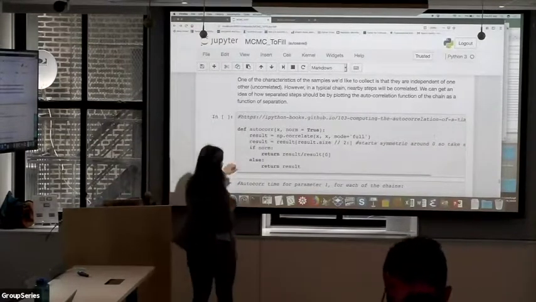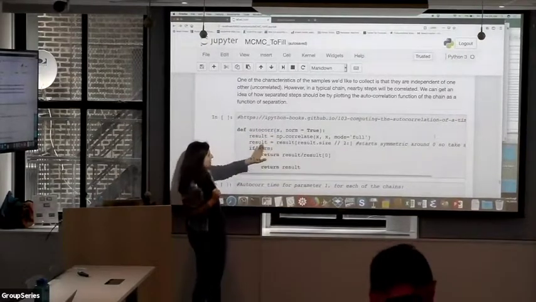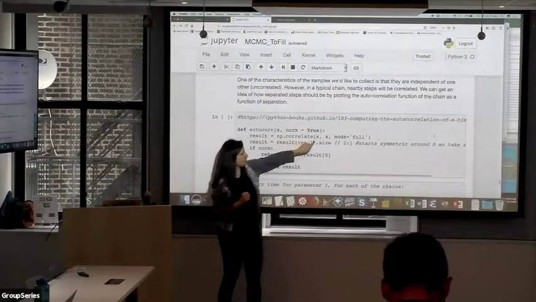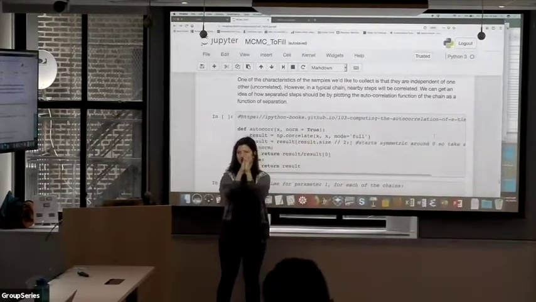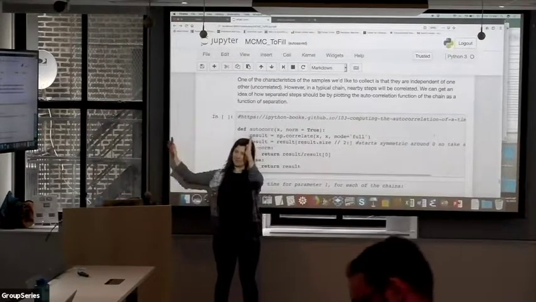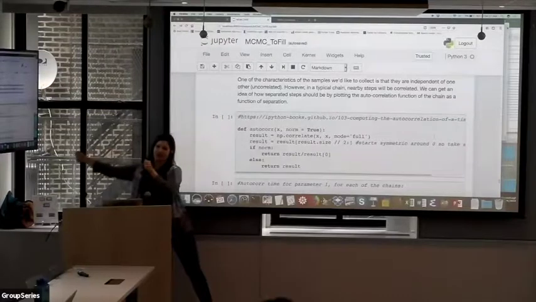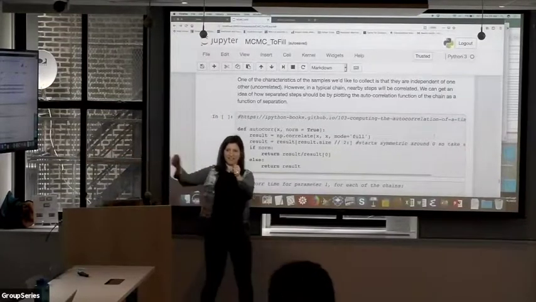So literally, I'm defining this autocorrelation function, which calculates the correlation between an array and itself. This function starts at a very large negative number. You first shift the array by a large negative number, then go toward 0.